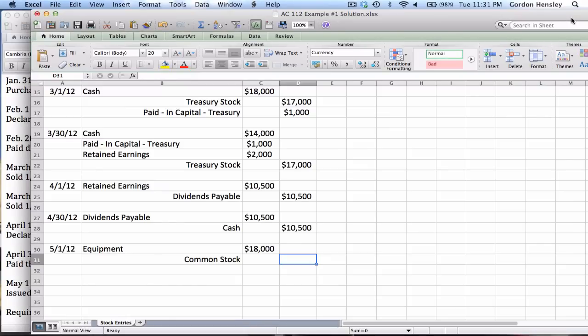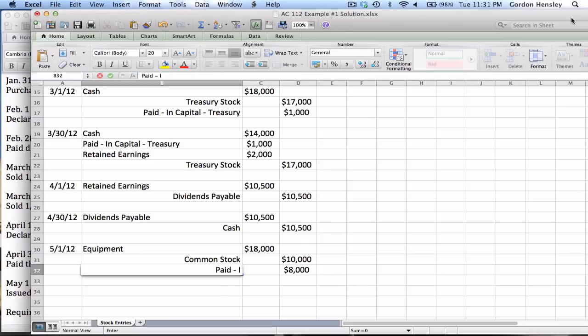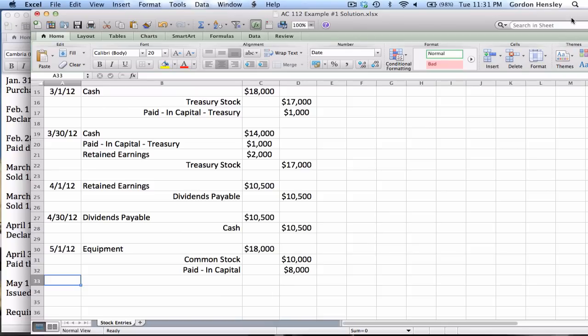Well, remember, I always use the par value on common stock. The par value of that stock is $10,000. So that's an extra $8,000 in value. Where's that extra $8,000 going to go to? That's going to go to my paid-in capital. So that completes the transaction for May the 1st, and that completes this example on corporate stock.